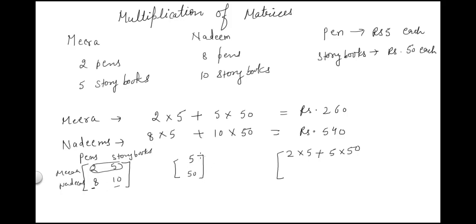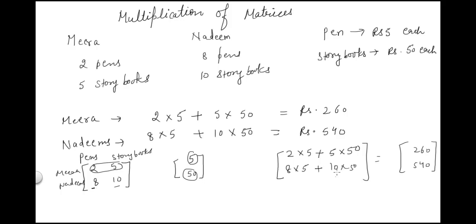So if we multiply 2 with 5 and then add the multiplication of 5 and 50, we get the total amount. The next will be 8 multiplied with 5, because it is the number of pens and cost, plus 10 multiplied with 50. So we got 260 and 540.